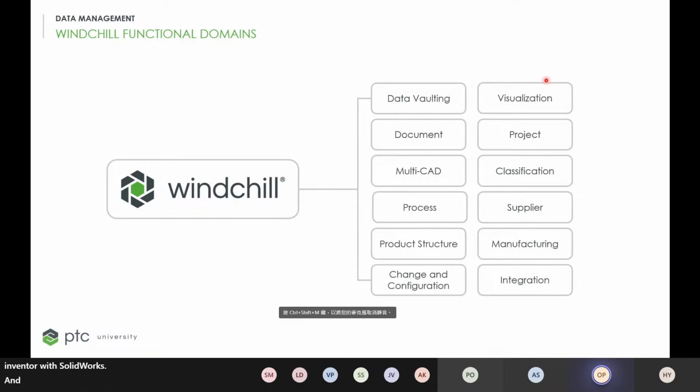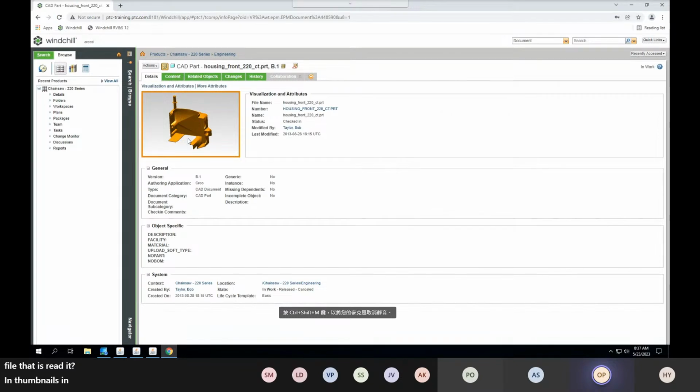And based on these visualization services, Windchill is capable of transforming any STL, any HTTP, EGS file into a neutral file that is read in thumbnails, in visualization, as a representation. What you see over here in this thumbnail is a representation of the CAD model.